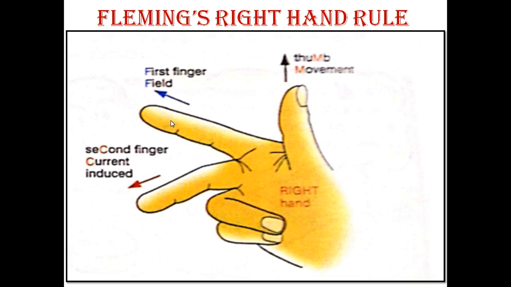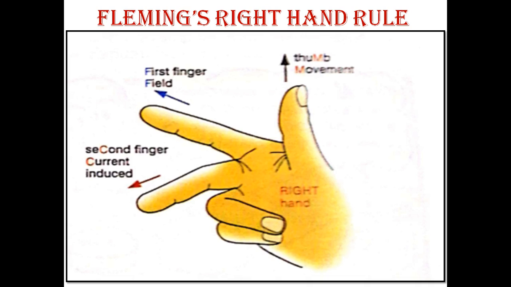Then your second finger points in the direction of the current. Right angle means the 90-degree angle between the two fingers. So this is all about Fleming's right hand rule.